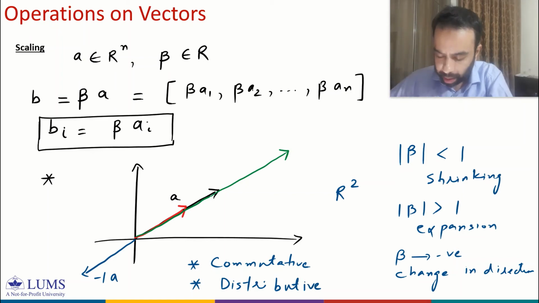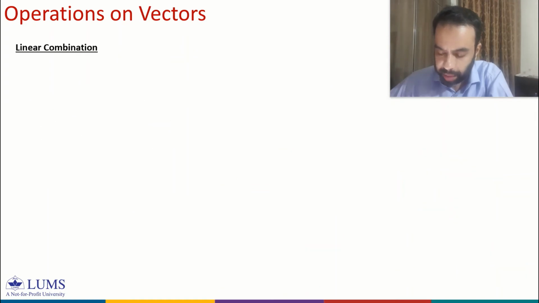Using additivity and scaling, we can define one more operation on vectors, which we call linear combination of vectors.